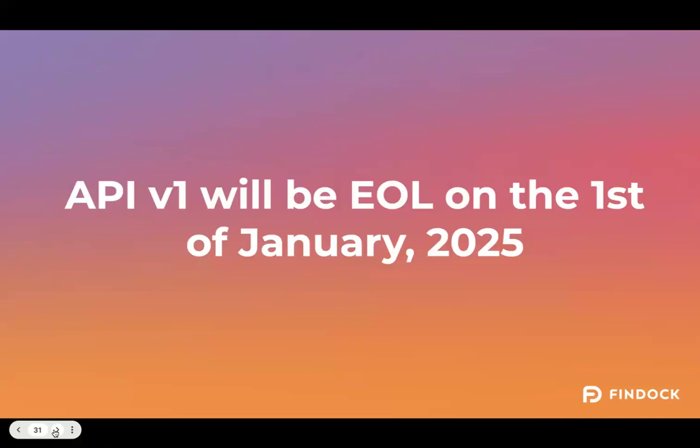So if you haven't, you're not impacted, at least we assume so, based on our data. But please know that if you're still one of the few customers on API v1, it's time to start thinking about the migration. If you have any questions, we have a whole bunch of resources on the documentation site, and of course, you can always reach out to us.